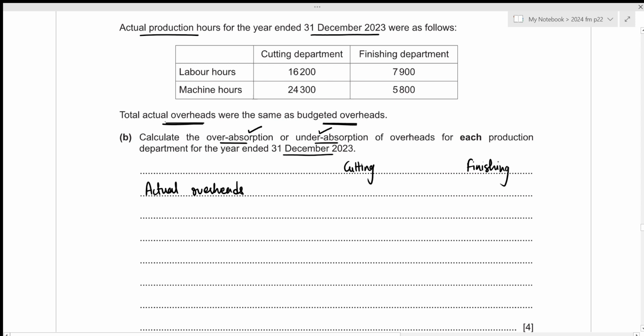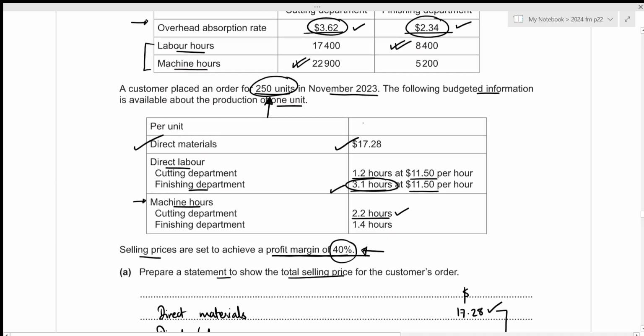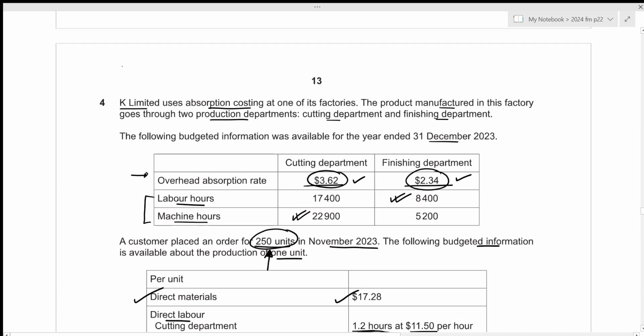We were told that the total actual overheads were the same as budgeted overheads. So for the value of our actual overheads, we just need to calculate the budgeted overheads. And we have the overhead absorption rate, right? Remember, overhead absorption rate is calculated by dividing our total budgeted overheads by the budgeted labor hours or machine hours.